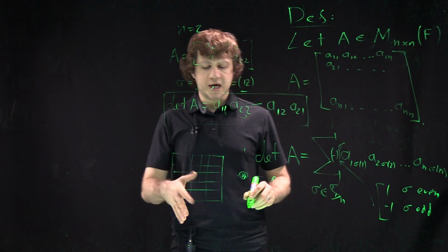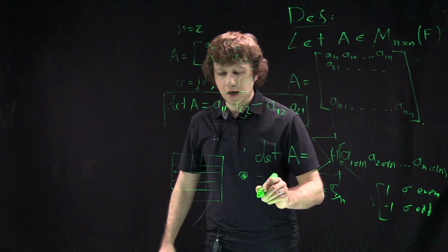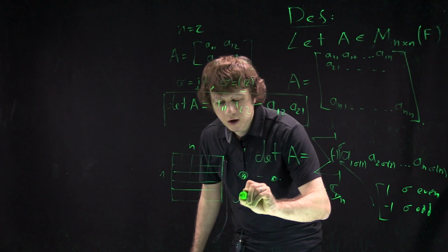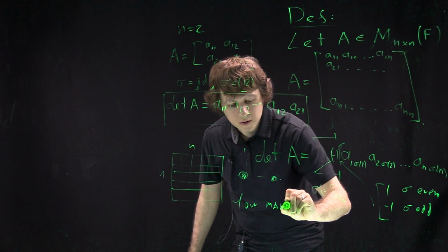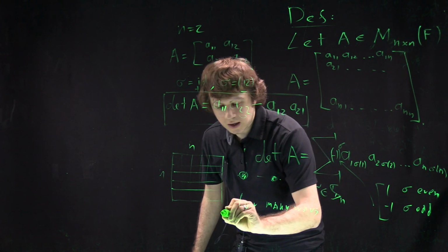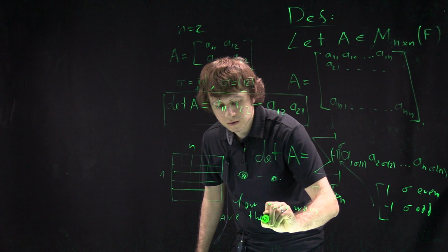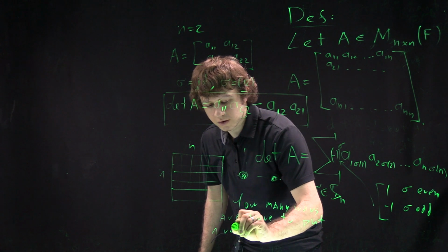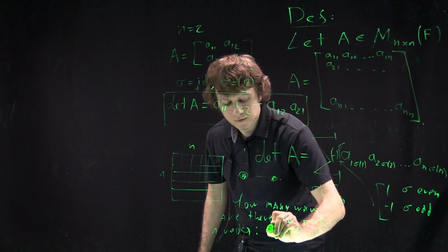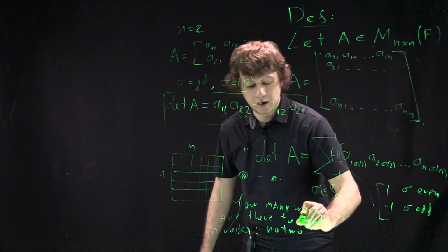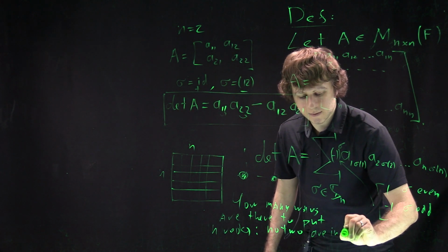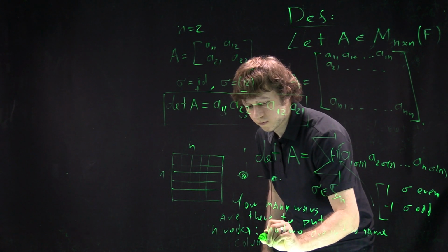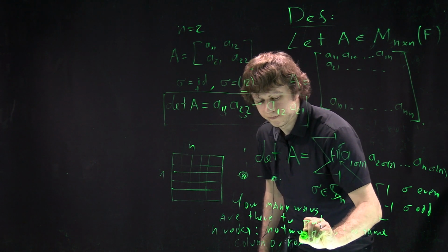And so one can ask, okay, so let's suppose it is an n by n chessboard, and one can ask how many ways are there to put n rooks so that no two are in the same column or row.